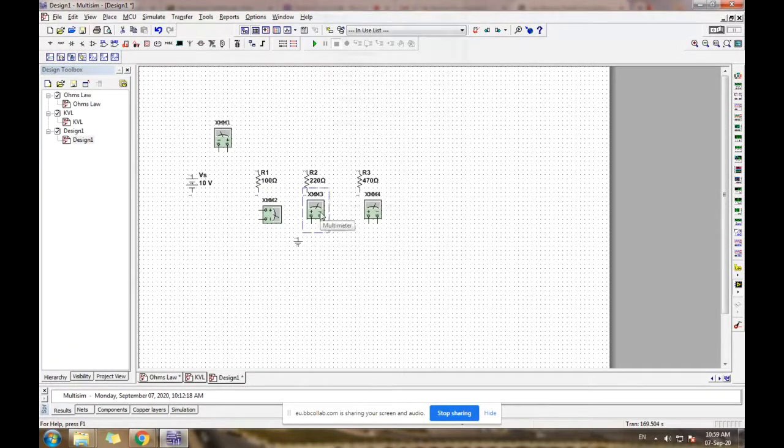Similarly, this also, right click, flip 90 degrees clockwise. So positive up, negative down. Same again, right click, flip 90 degrees clockwise, positive up, negative down. Okay. So let us complete the connections.